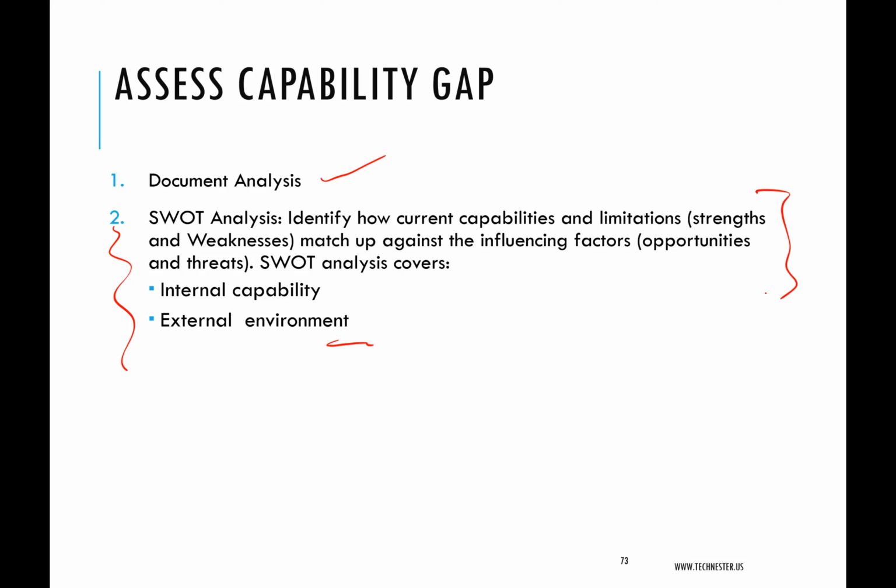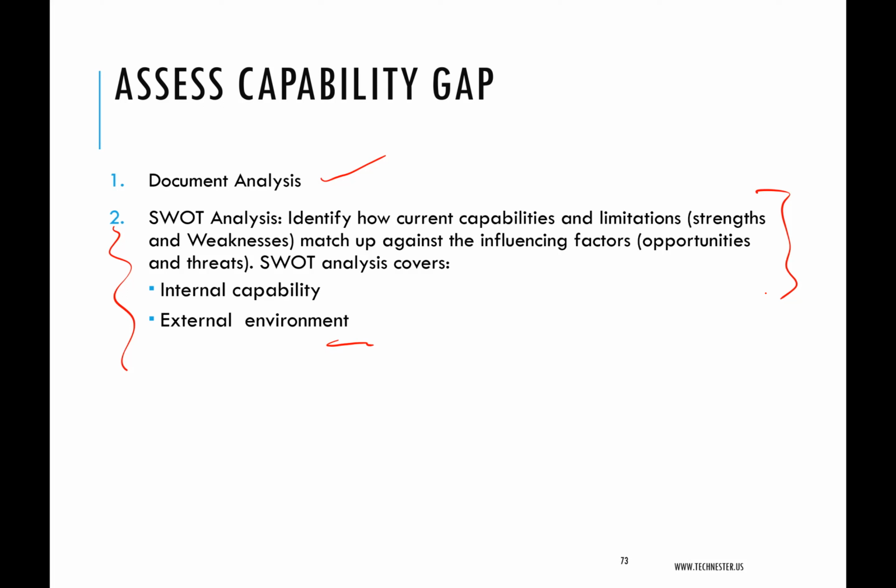You want to understand their weaknesses, the opportunities they have, and the threats to that organization or to that product. Maybe it's just a single product, a detergent like Ariel. You want to know what its strengths are, what it is doing well, what the weaknesses are, what opportunities we can capitalize on to make sure this product sells more, and what the threats to this product are.